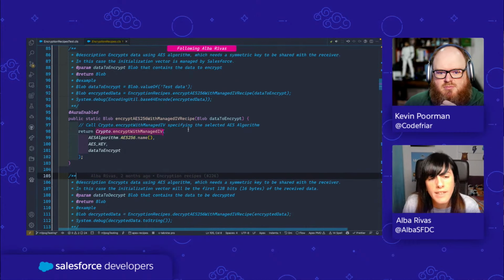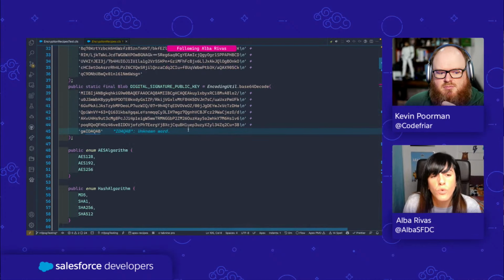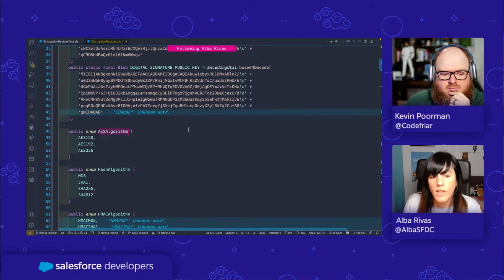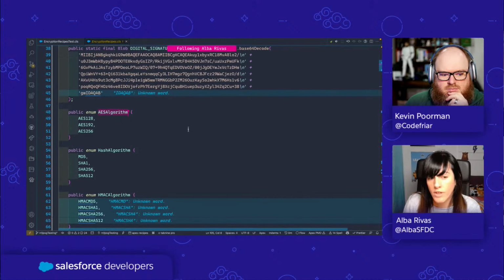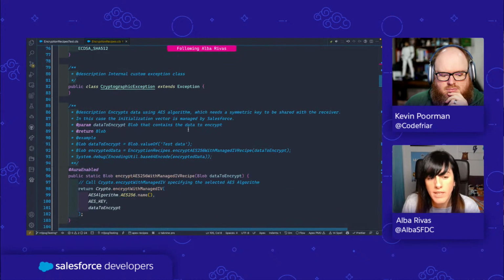We also created a series of enums to be able to set which algorithm you want to use, and for the other algorithms too, to make it easier if you want to use Apex Recipes. But this is basically the name of the algorithm.